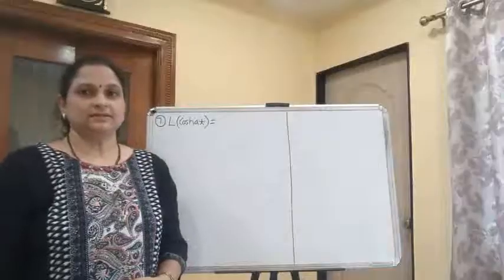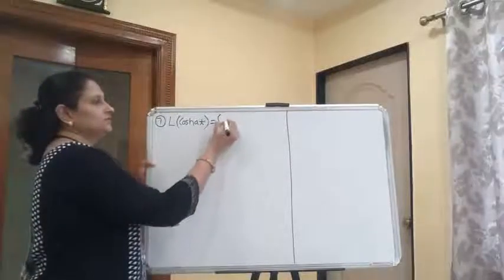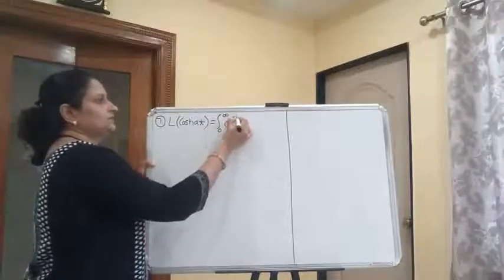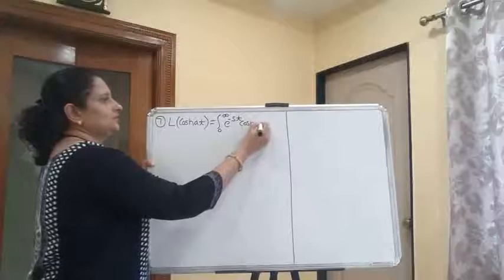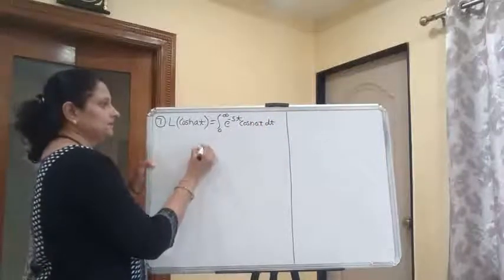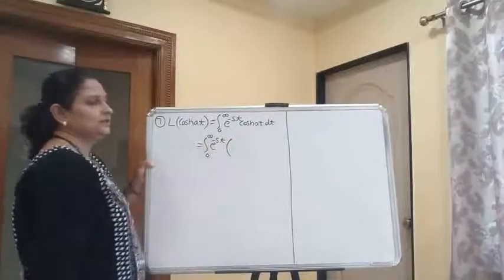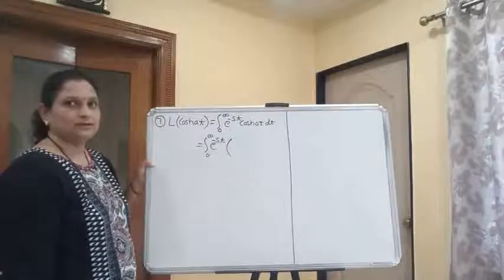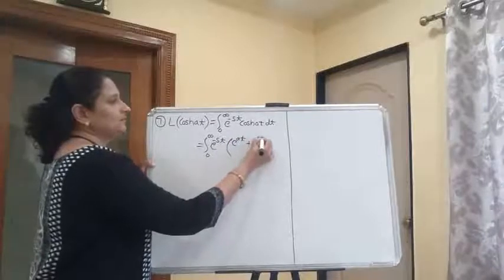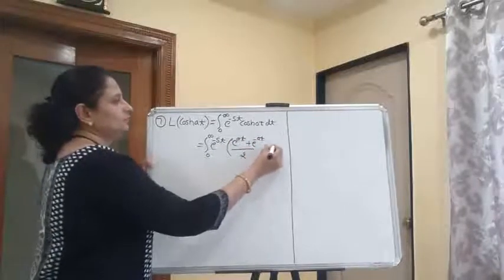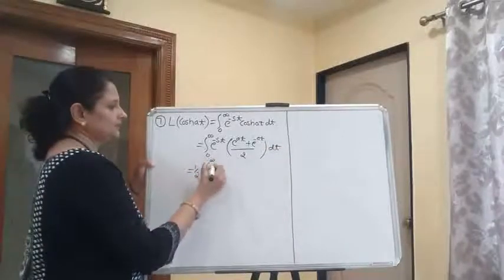So last elementary transformation, Laplace transform of cos hyperbolic a into t. Using definition of Laplace transform, it is integral 0 to infinity e power minus s into t cos hyperbolic a into t dt. That is integral 0 to infinity e power minus s into t. Writing cos hyperbolic a into t in terms of exponential, it is e power a into t plus e power minus a into t by 2 dt. 1 by 2 is a constant, keep it outside, and let us split the terms.